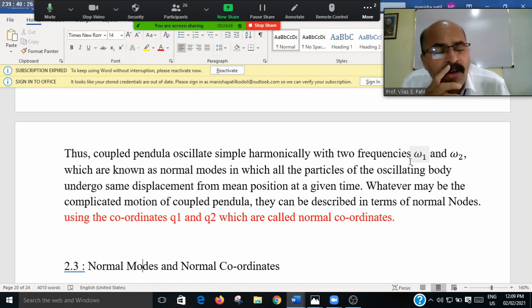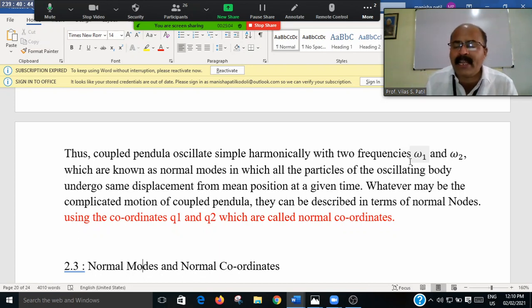Whatever the complicated motion of the coupled pendula, it can be described in terms of the normal modes, using the coordinates q1 and q2, which are called the normal coordinates.